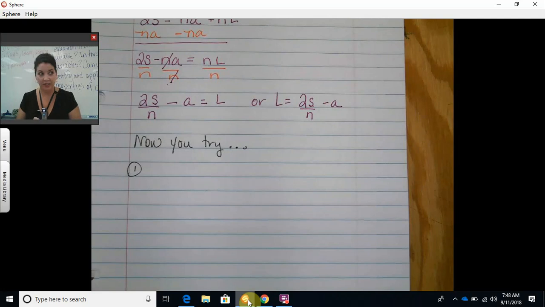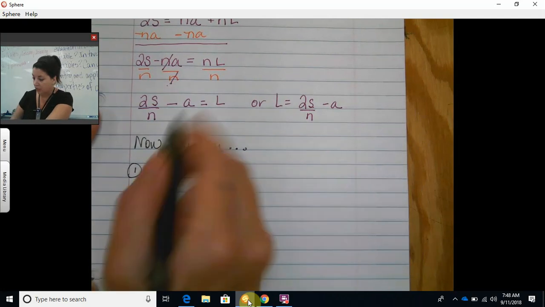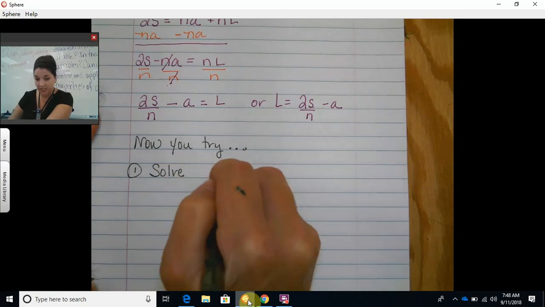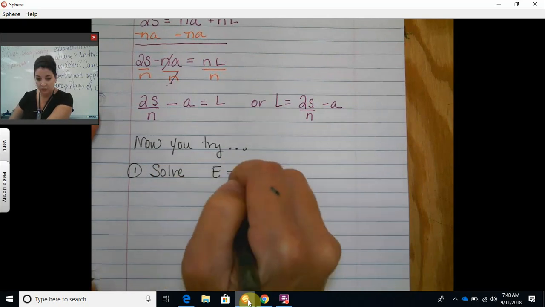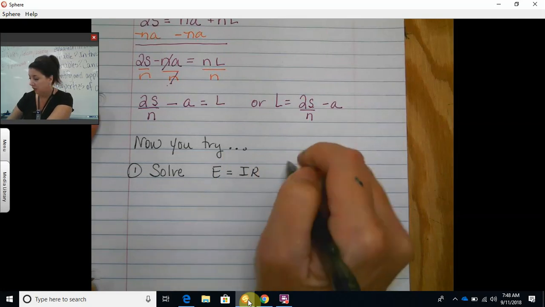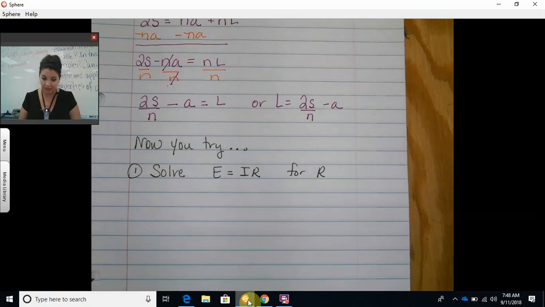We're going to start out easy, okay? You're going to solve E equals I R for R. This one's crazy.